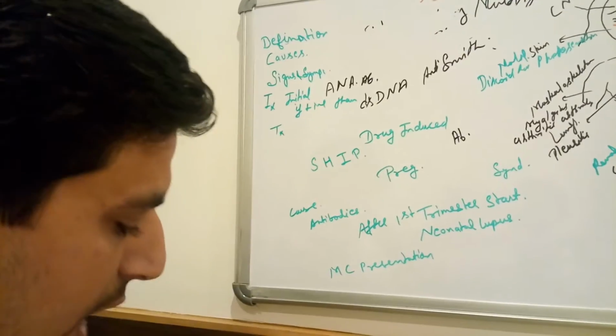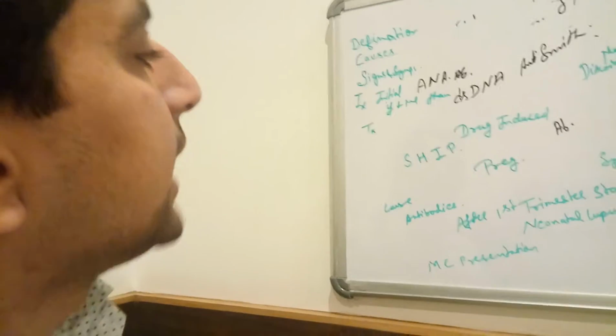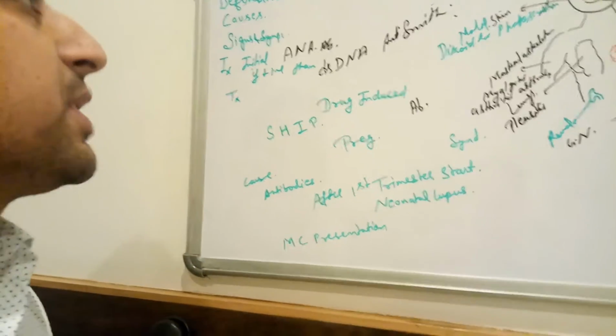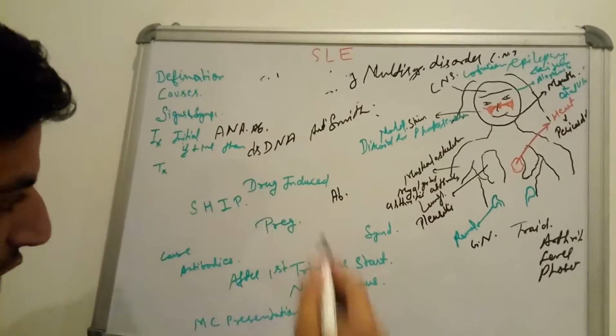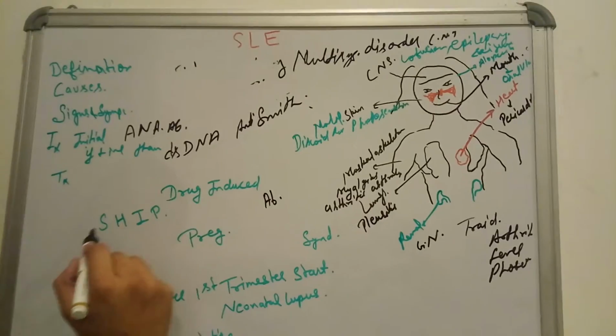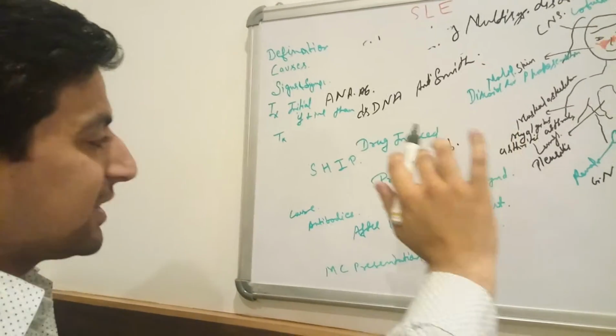So now I am going to tell you about drug-induced lupus erythematosus. So how are we going to remember? I have written a trick here, SHIP, ship. Okay, so remember it.